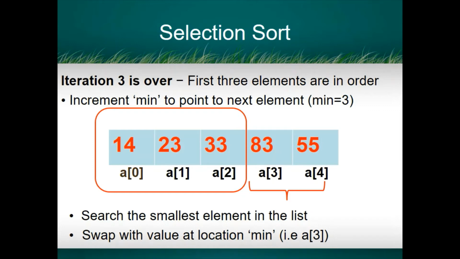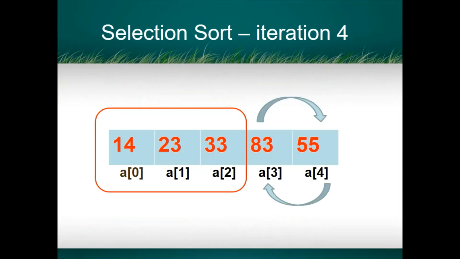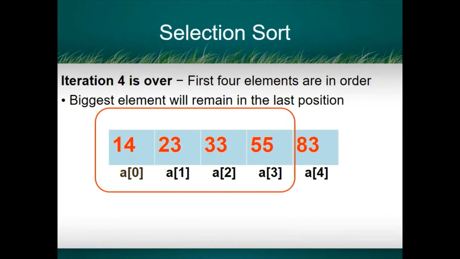Now in the next iteration, we will consider the last 2 elements 83 and 55. Here 55 is less than 83, or 55 is the smallest element between 83 and 55. So 55 should be moved to a of 3 and 83 should be moved to a of 4. Now this exchange should take place.